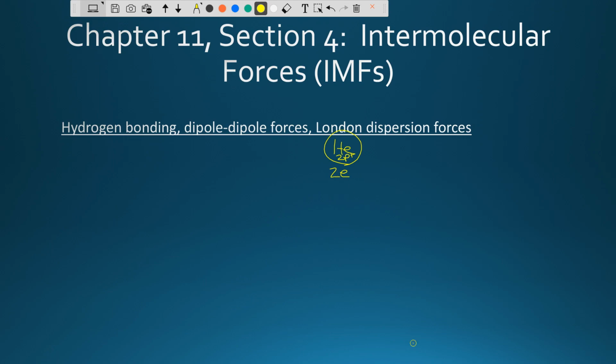Even though it's a noble gas and doesn't tend to bond with anything, there will be times where these 2 electrons might be stacked down here, making a temporarily positive side over here. If there's another helium in the vicinity doing the exact same thing, those electrons would stick in London dispersion forces. That's a very weak bond, because those electrons continue to move. It will just temporarily stick, and it would have an easy time separating again.